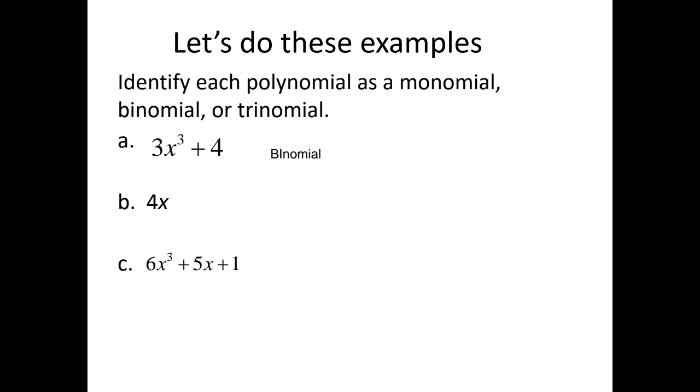And down below, this is a trinomial. Okay, three terms. Bi is 2, because I got this plus in the middle. Now, monomial is 1. There's no plus or minus. The trinomial, notice, separated by pluses or minuses, I have 3 terms. Okay.